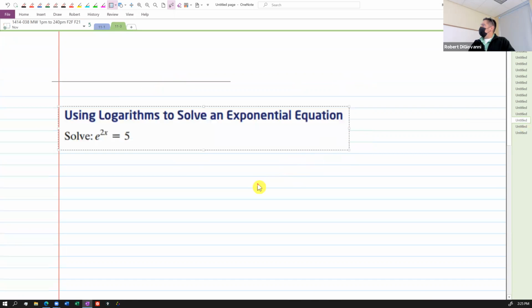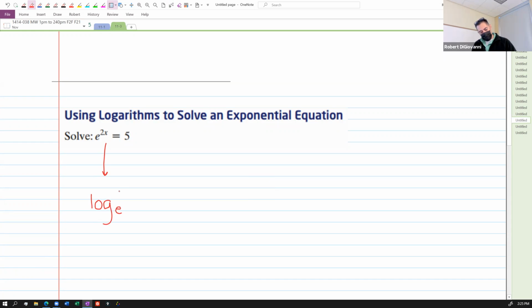All right, so how about this equation? Solve it for x. So I recommend you switch this to a log first. Switch it to a log. It's log what base?